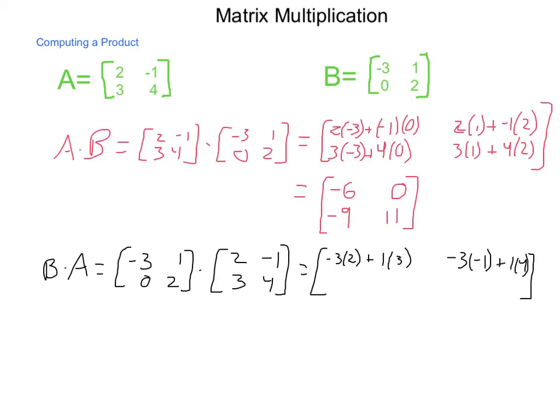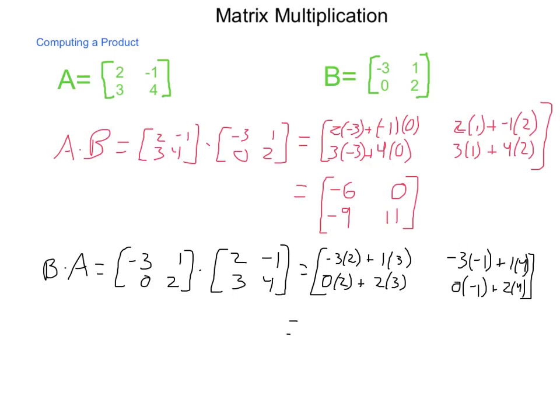Next, we will do row 2 by column 1. That gives us 0 times 2 plus 2 times 3. And last, we'll do row 2 by column 2. That gives us 0 times negative 1 plus 2 times 4.